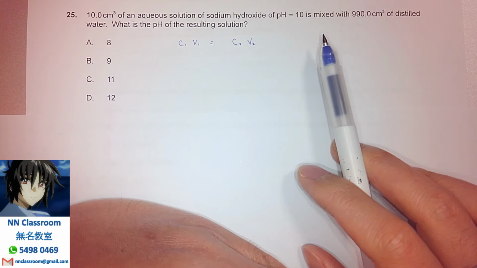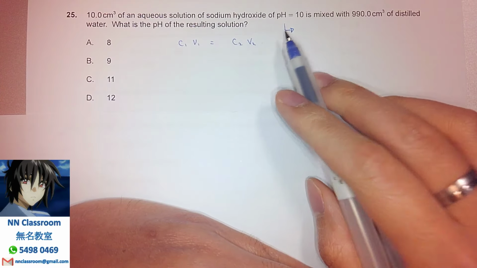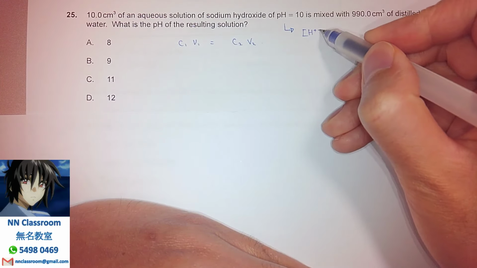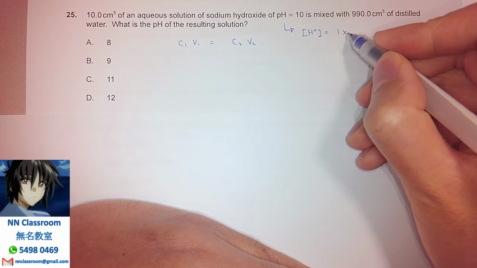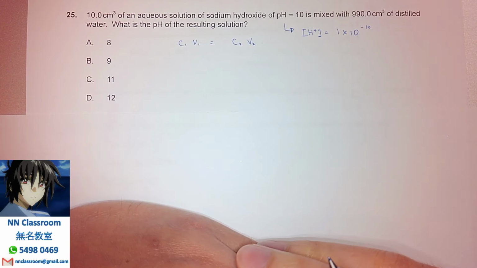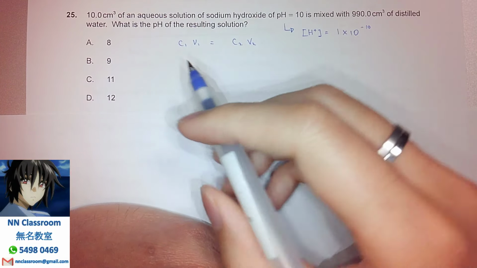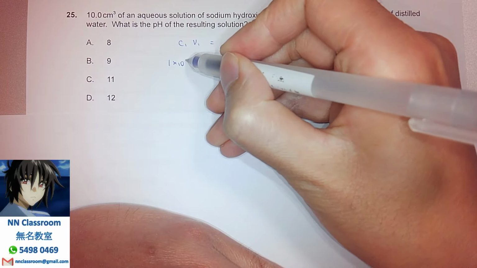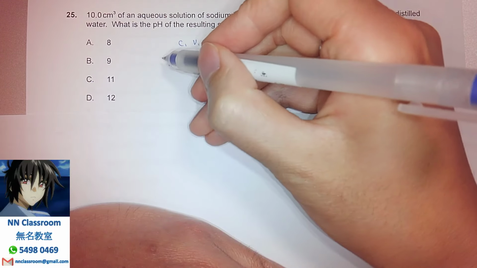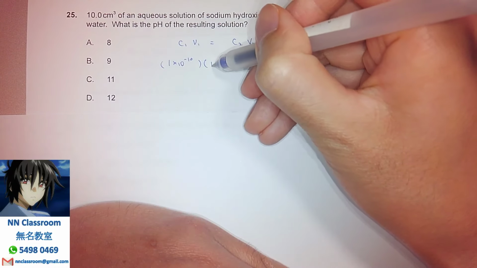So that is okay, because if you do this as the approach, you may realize that pH actually shows you the proton concentration, right? That is going to be 1 times 10 to the power negative pH. So in this case, C1, the initial concentration, will be 1 times 10 to the power negative 10, right? And V1 will be our initial volume, and that is 10.